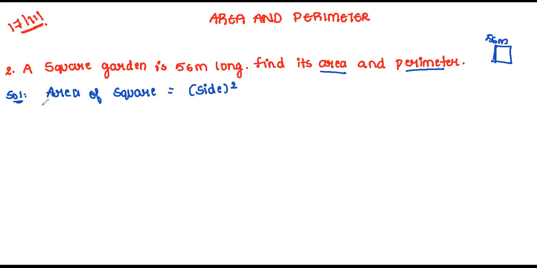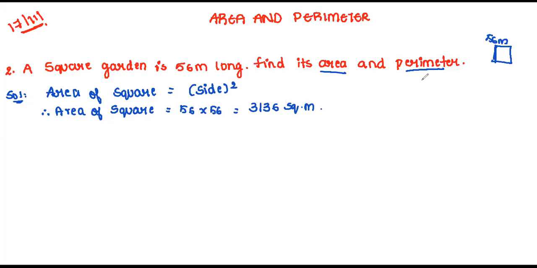So the area of square will be 56 into 56. How much will you get? 3136 square meter. So this will be your area.